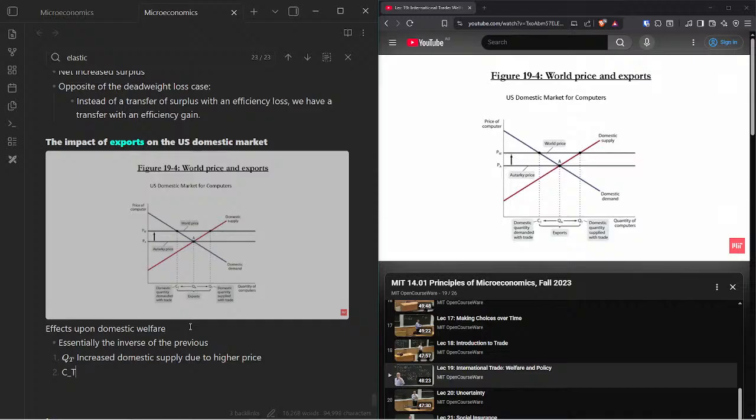C sub T, decreased domestic demand due to higher price, and then QA.